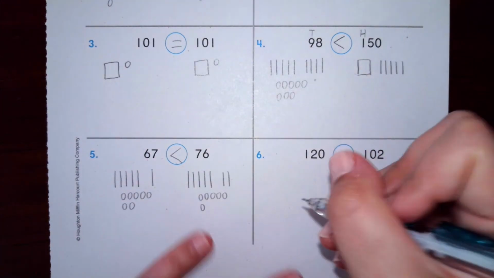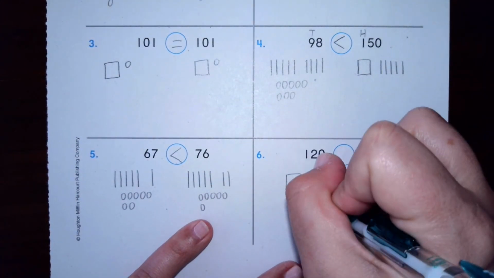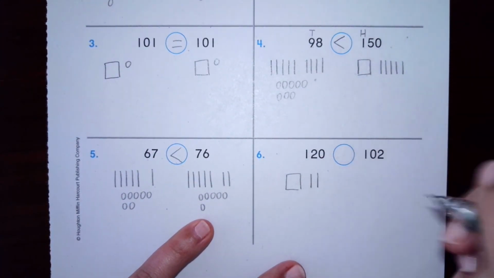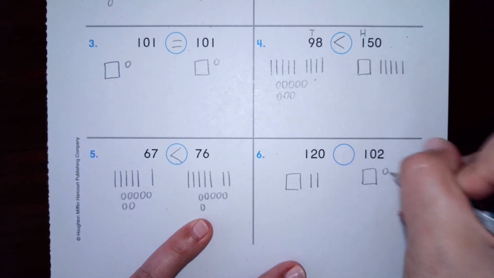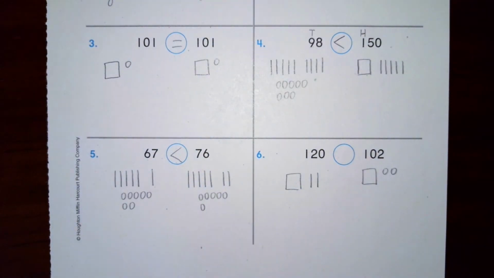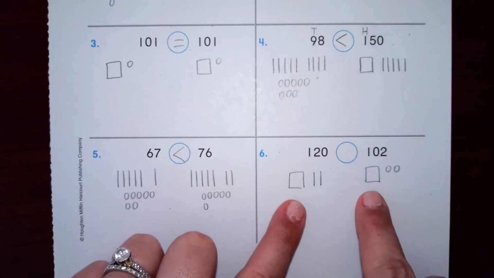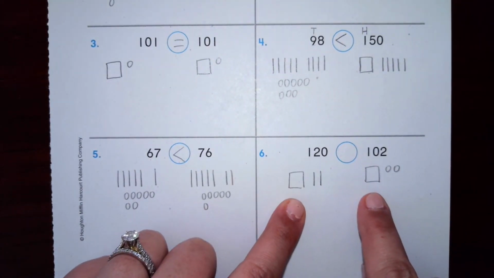All right, last one that we're going to do together. Go ahead and draw your numbers. Again, these numbers look very similar, right? I see that they both have one 100s box. Okay, so they're the same so far.